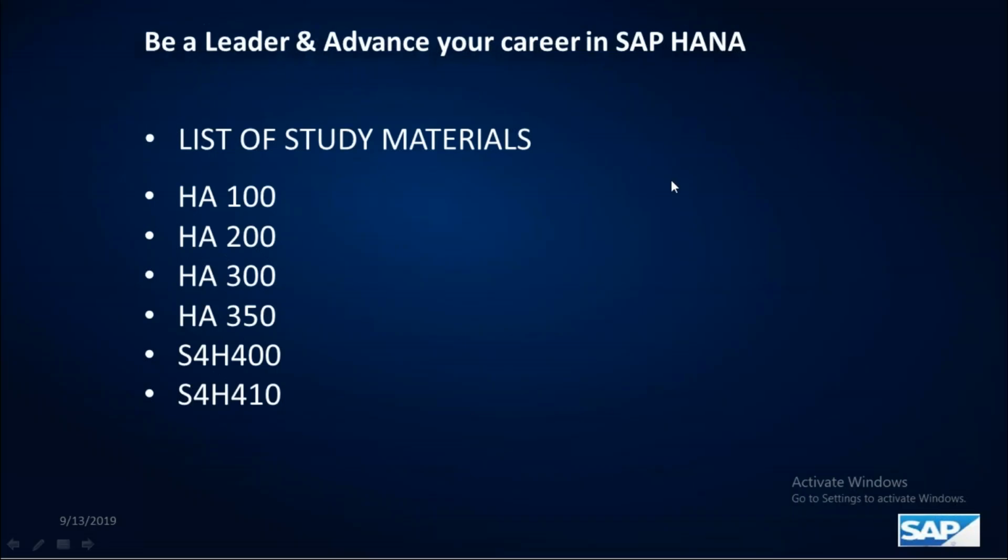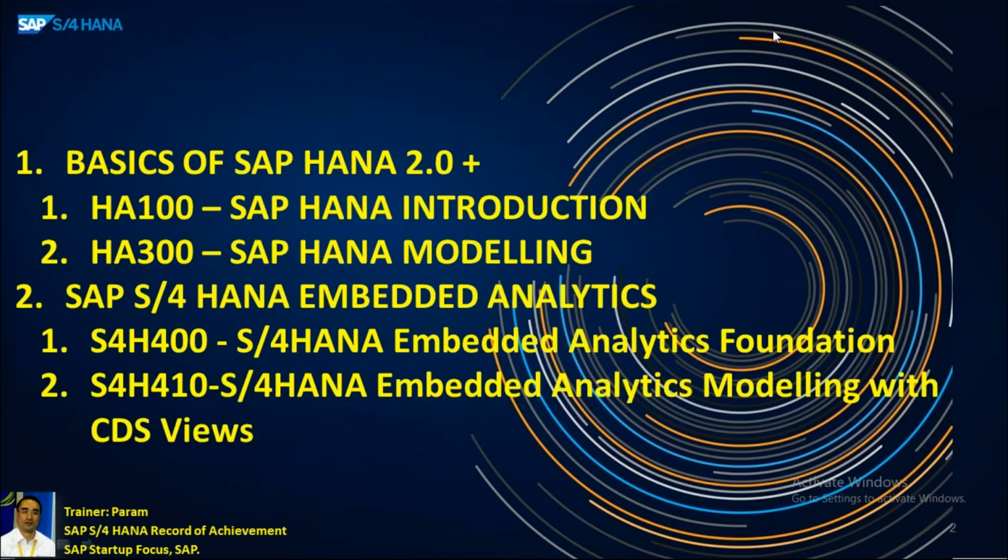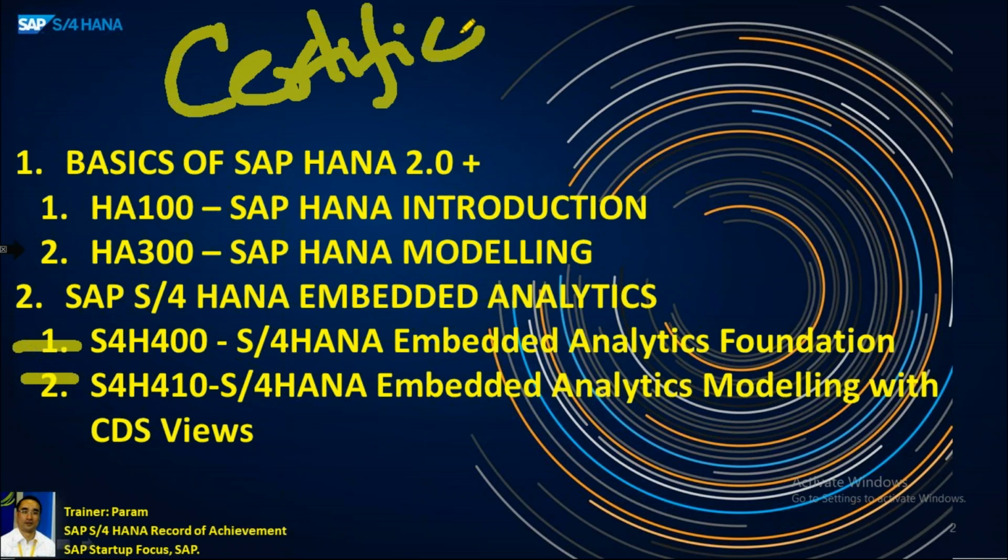If I quickly go over to the slide where we have the document numbers, this is in question from Ravi. So 100 and 300 are the two main ones for HANA, followed by S4H400 and S4H410. Yes, these are certification documents provided by SAP.